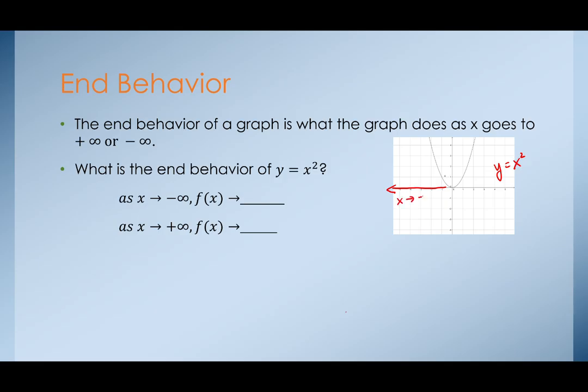So this is x going to negative infinity. We're going off to the left. And we can see as we do that, our function is going up, right? So f of x is going to positive infinity. So we'll put positive infinity here.